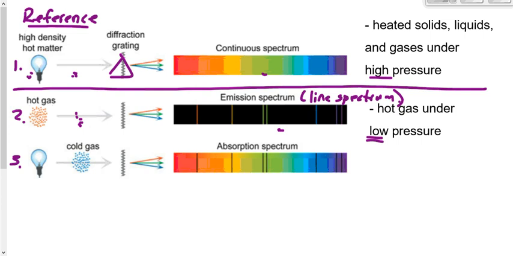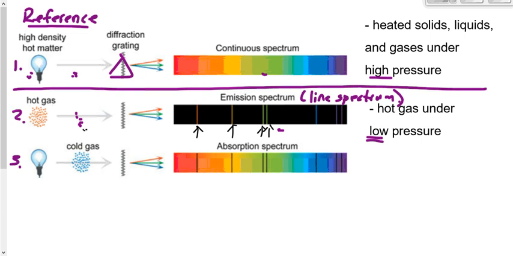We're going to get a red photon given off corresponding to one transition. We'll get an orange photon corresponding to a different transition, a couple of greens corresponding to two different transitions.